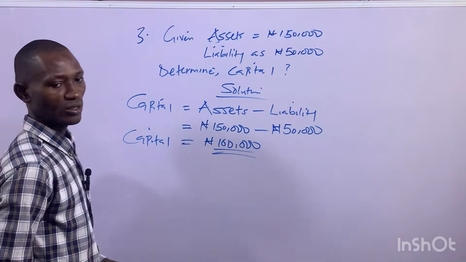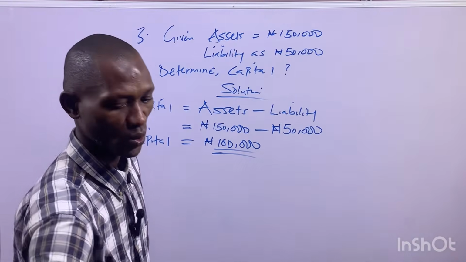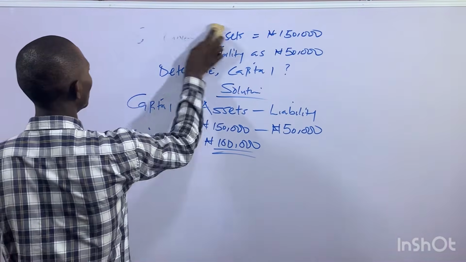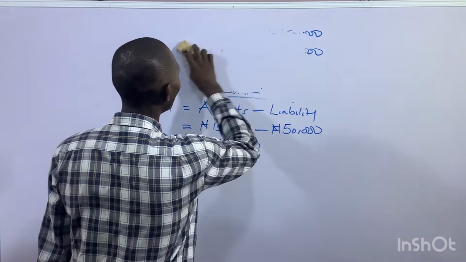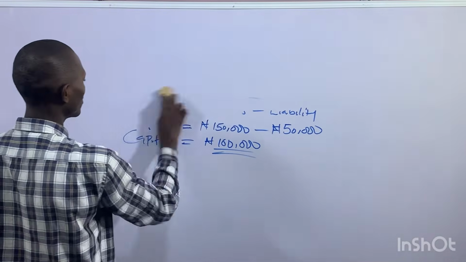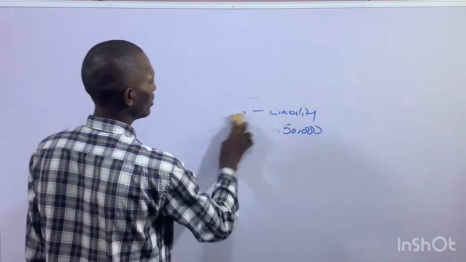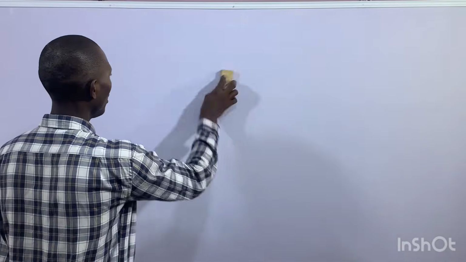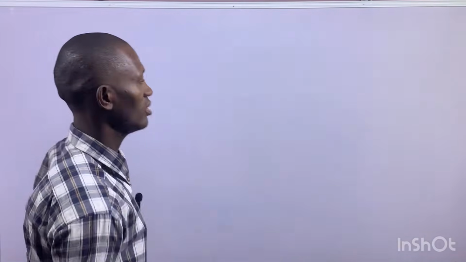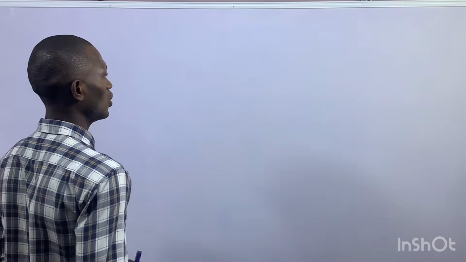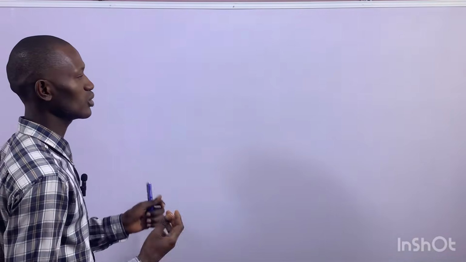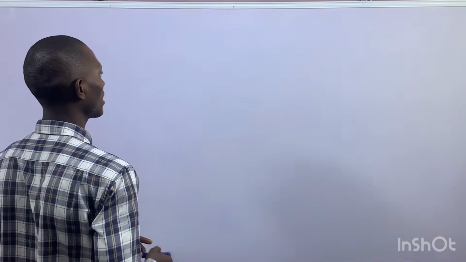So I hope this is understood. So let's solve one or two questions more, because there are times tricky questions are examined in most exams. So let's solve one or two tricky questions regarding this accounting equation.